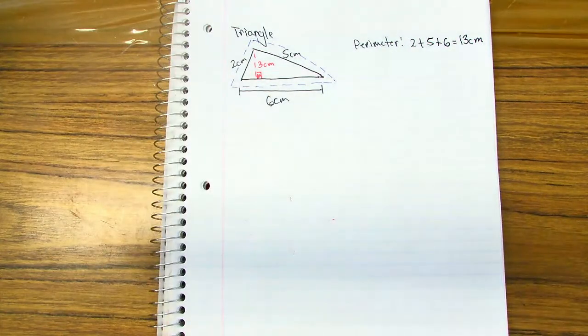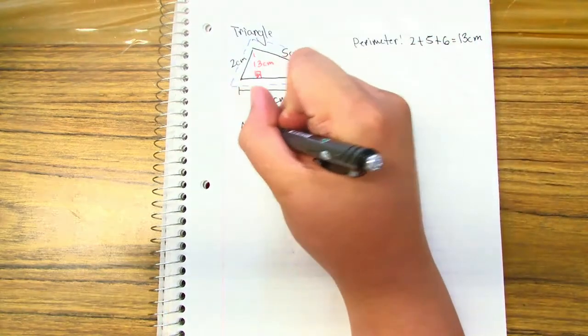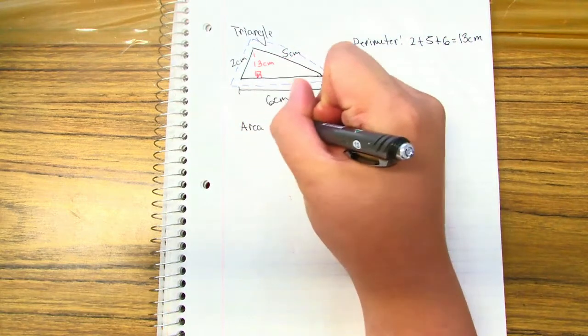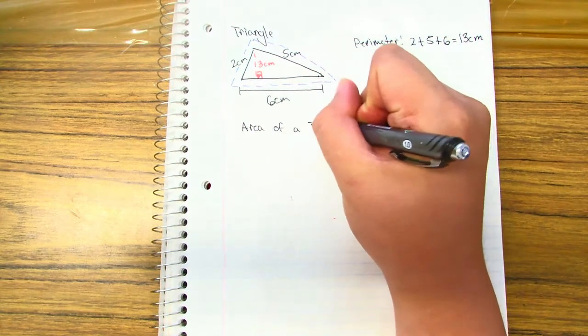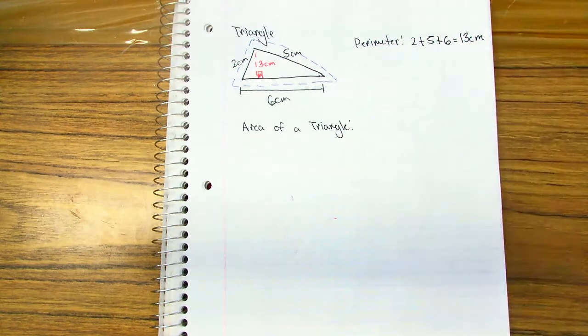Now let's try to cover the last one. This is where it's going to get a little bit tough, but we're going to cover the area of a triangle. Here is a fun fact about a triangle. You've probably seen it when you're cutting a sandwich.